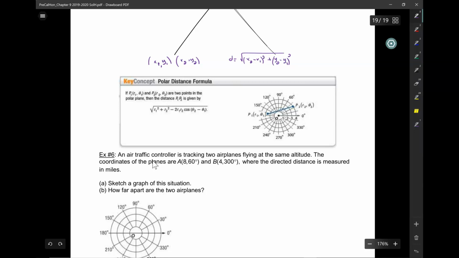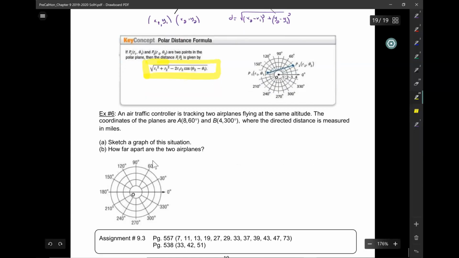The polar form of that is this. If you have r and theta given, the distance is the square root of r1 squared plus r2 squared minus 2 r1 r2 cosine of (theta 2 minus theta 1). Do you need to memorize that? Not really, because your test is open book. Okay? So let's do it.